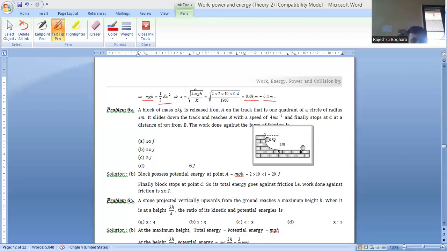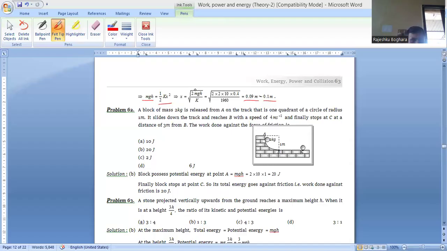At 3h/4, the potential energy is mg 3h/4. So kinetic energy equals total energy minus potential energy. Total energy mgh minus 3mgh/4 means kinetic energy equals mgh/4. So at 3h/4 height, kinetic energy is 1/4 mgh and potential energy is 3/4 mgh.